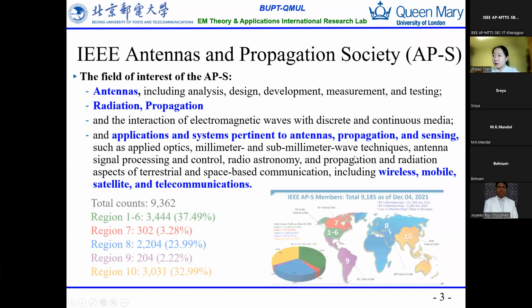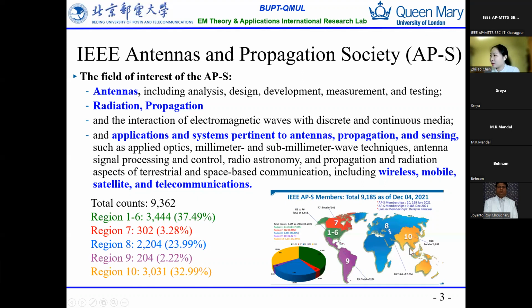And here is the scope of the APS. The number of members is over 9,000, and there are 10 regions. We are in Region 10, including China and Asia, Australia, and New Zealand. It occupies around 32% of all members.